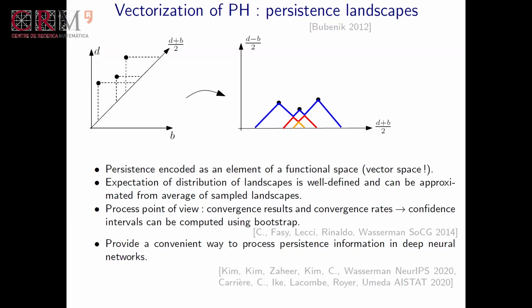If you see the distribution of landscapes as realizations of some random process, you can do some bootstrap and prove some convergence results for the expectation of your distribution of landscapes. By some bootstrap technique, you can estimate this expectation from a finite set of sampled landscapes, and you can even do that with confidence intervals.